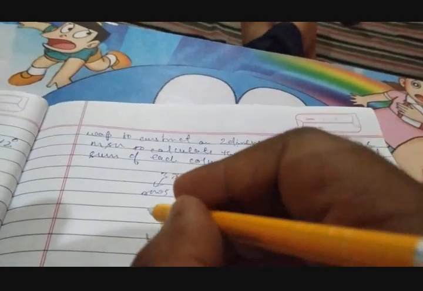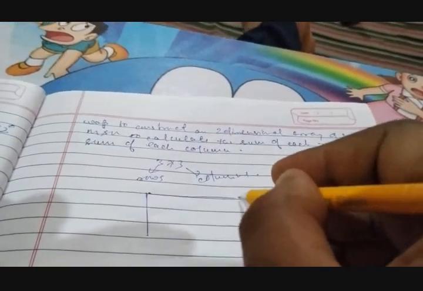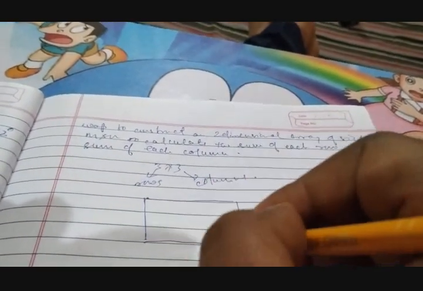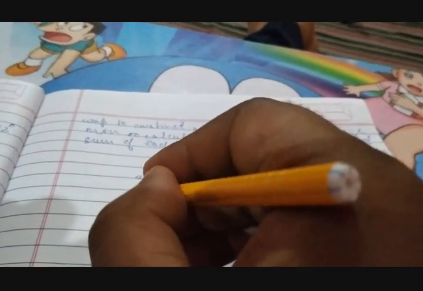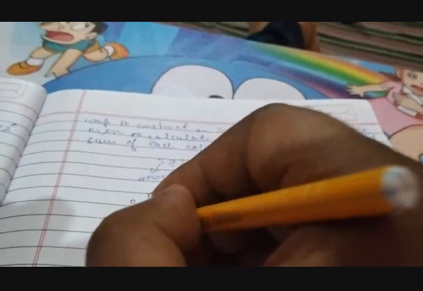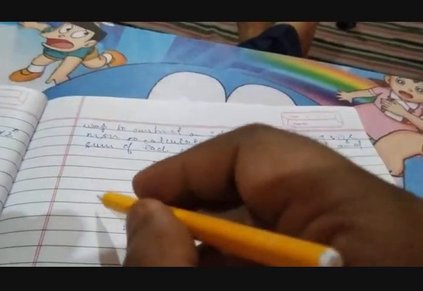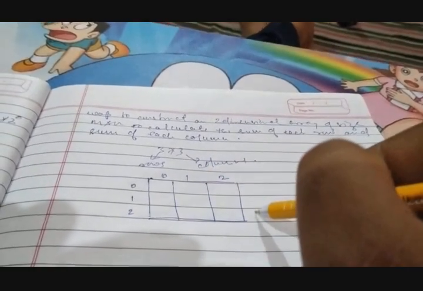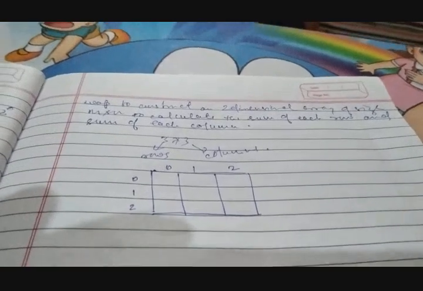You can write anything. So let's have an array. Suppose this is my array, and so here 0, 1, 2, 0, 1, 2. These are called the rows. Left to right are rows and top to bottom are columns.